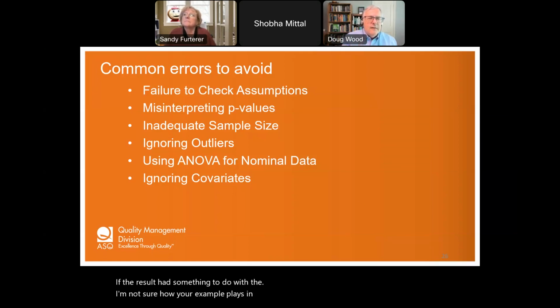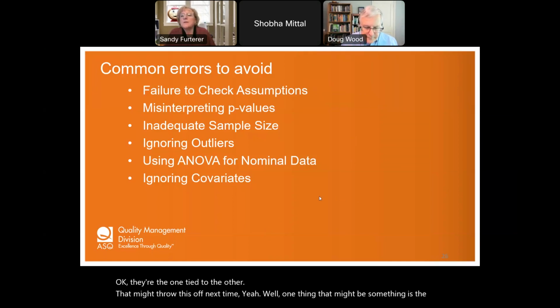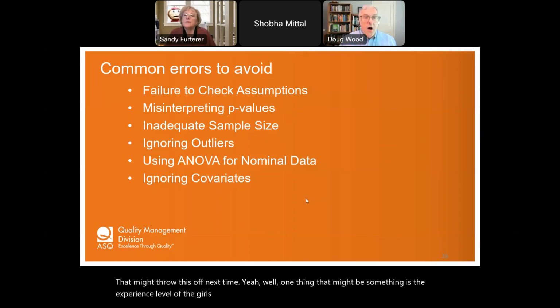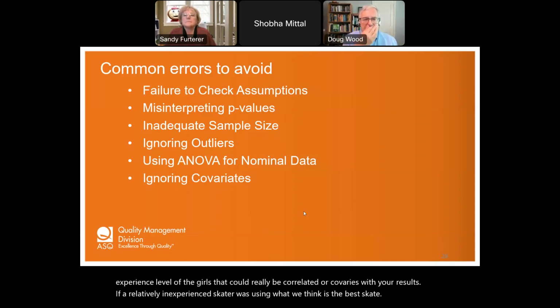If you had factors that were not independent, one tied to the other, that might throw this off. One thing that might be something is the experience level of the girls. That could really be correlated, co-varies with your results. Yes, if a relatively inexperienced skater was using what we think is the best skate, that would mess with the whole thing. Okay, good point.